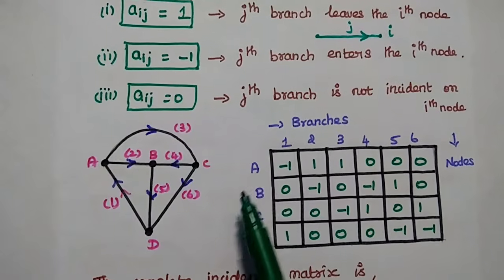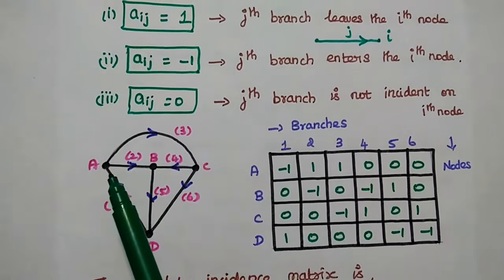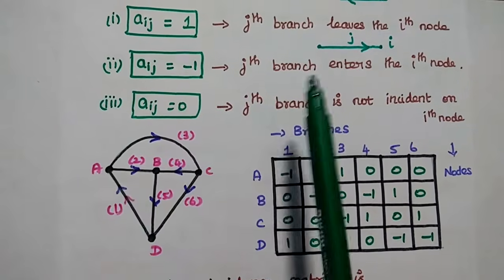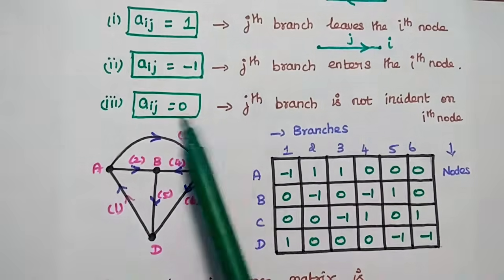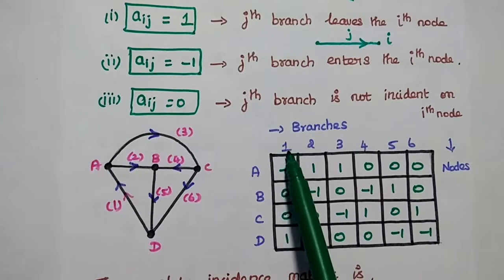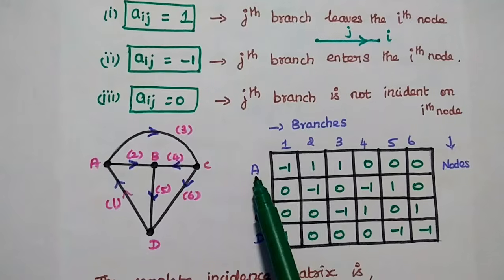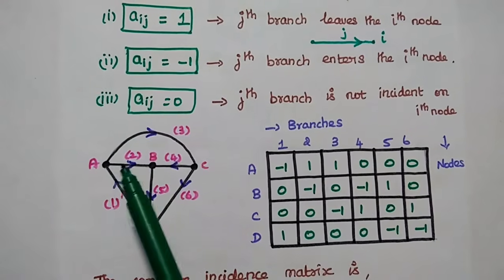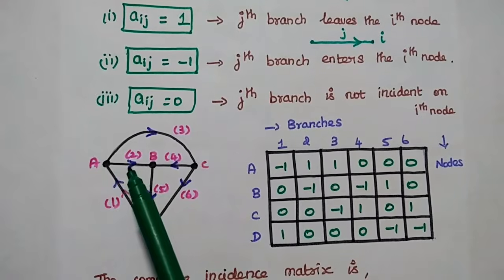First we can consider the node A. At that node, the first branch is entering. So if the branch enters the node, its value is what? Minus 1. Okay, so here the first branch enters the A node, then we can say its value is minus 1. At this node, the second branch is leaving. Correct?